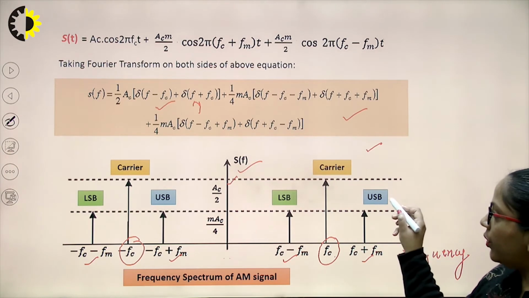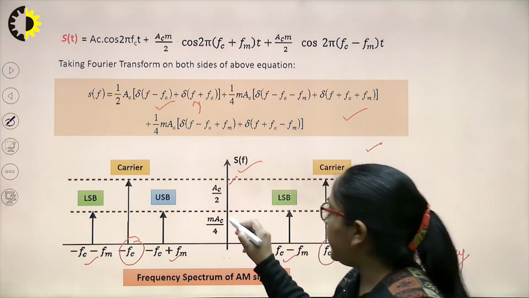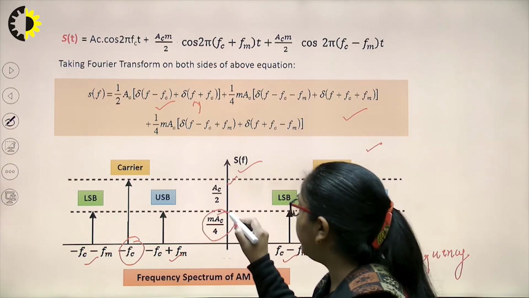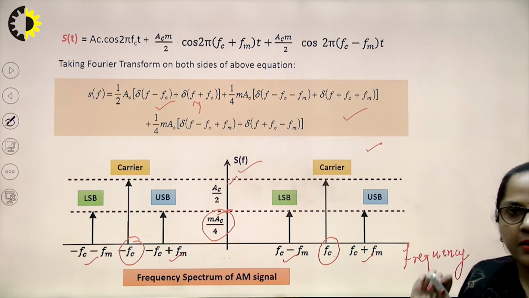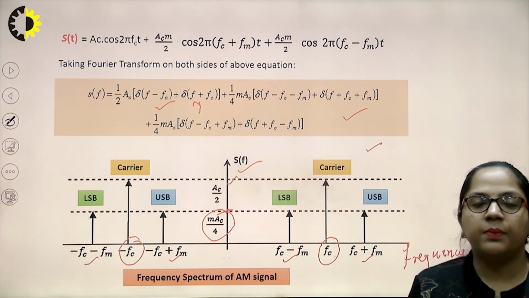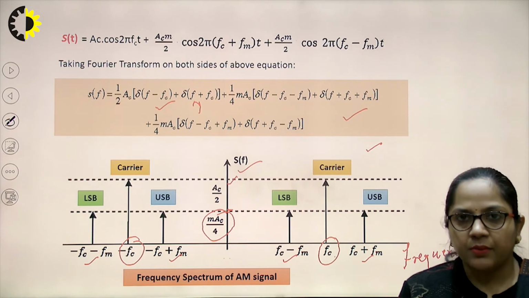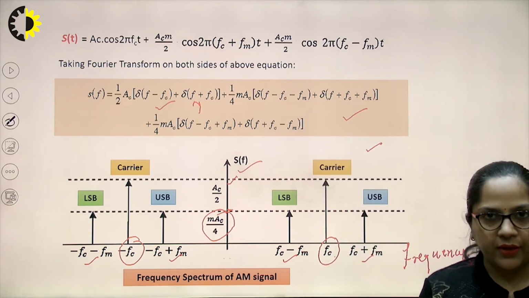The amplitudes of the upper sideband and lower sideband are the same, which is m AC by 4. So, here we have mentioned the amplitude of the lower sideband and upper sideband. This is the frequency domain representation, or the spectrum representation, of the amplitude modulated waveform.